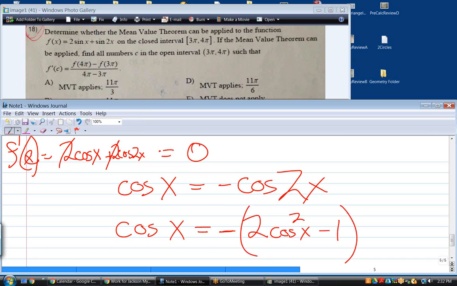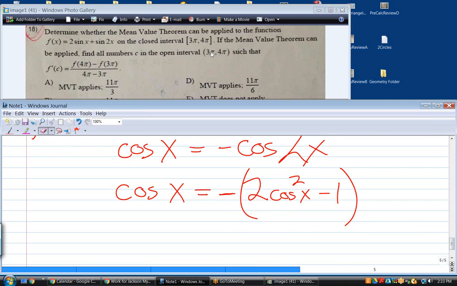That's the cosine of 2x identity I'm going to use. The reason I'm going to use that one is because I'm going to be able to solve this equation now. That's a quadratic in cosine x. And once I can solve this equation, I can figure out which values satisfy this. And I need it to be between 3 pi and 4 pi.